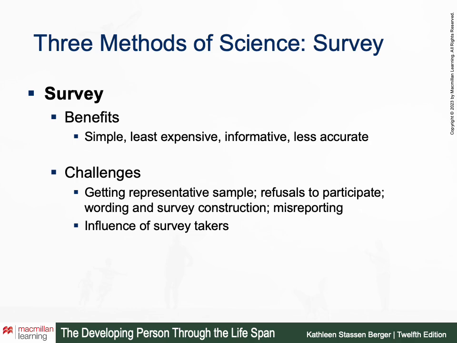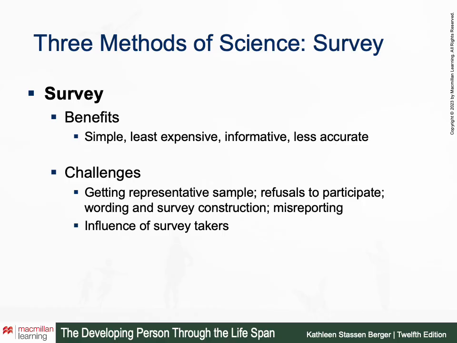So the first one is the survey. A survey, the pros are, it's simple, it's the least expensive, it's informative, it's also less accurate. The challenges include getting a representative sample, refusals for people to participate, which I am guilty of when I get asked to participate in a survey. Wording and survey construction, right?